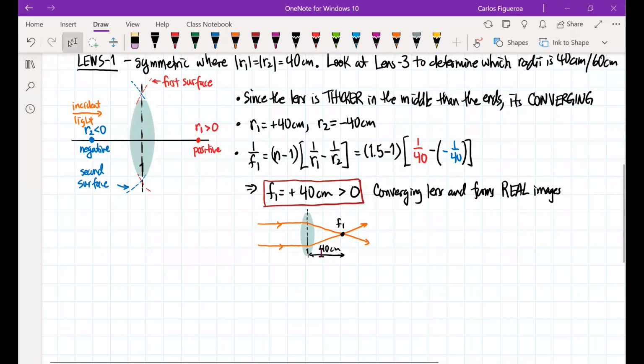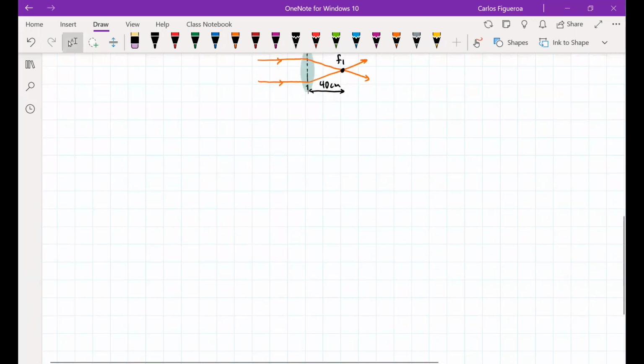Okay, let's go to lens 2 now. Lens 2. So when I look at lens 2, it looks like this.